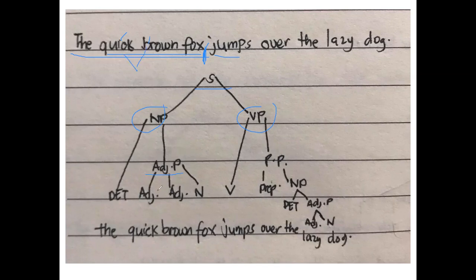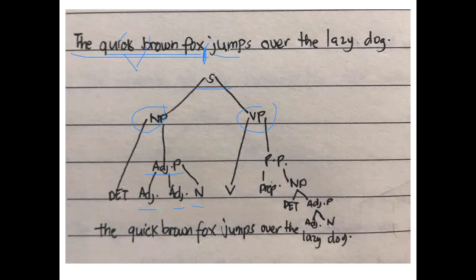So we have adjective, adjective, and noun, and these three fall under this adjective phrase to complete the noun phrase. The VP in here starts with a verb, and we cannot include the verb in the phrases because verb is a special piece of our parts of speech.